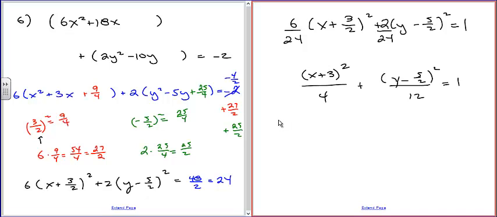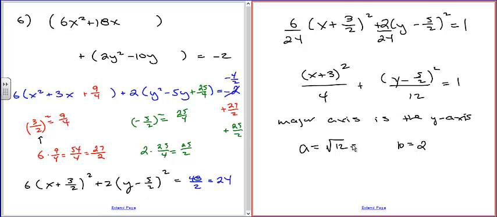So what we have is the major axis is the y-axis, and that's because this number is bigger than that number. So a is the square root of 12, and b is equal to the square root of 4, which is 2.